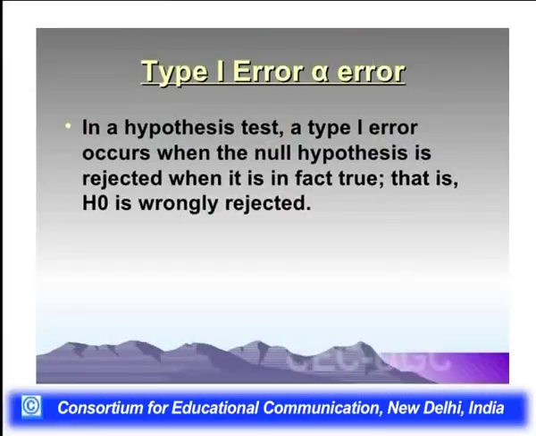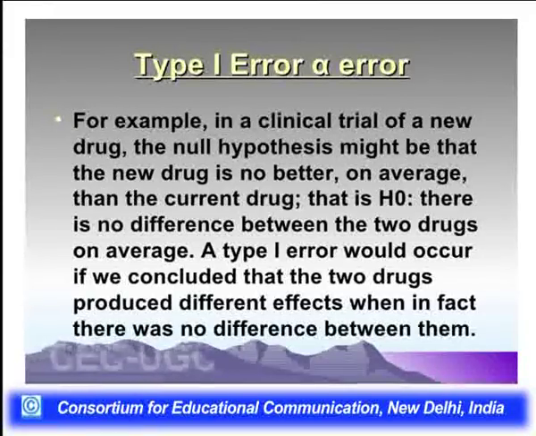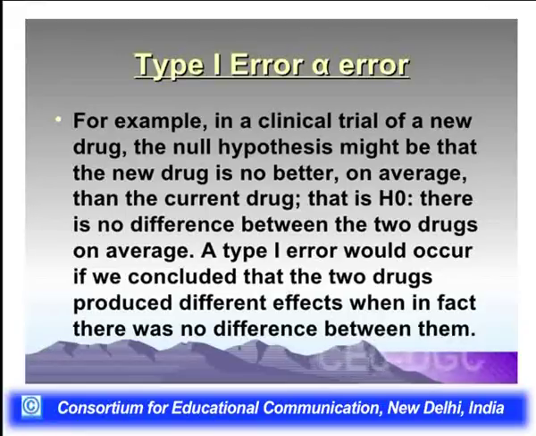So we start with type 1 error. In a hypothesis test, type 1 error occurs when the null hypothesis is rejected when it is in fact true; this is, H0 is wrongly rejected. We are following this with an example of the type 1 error.